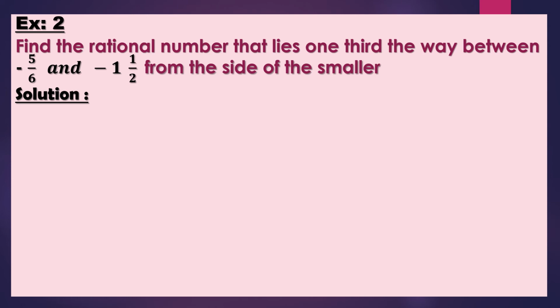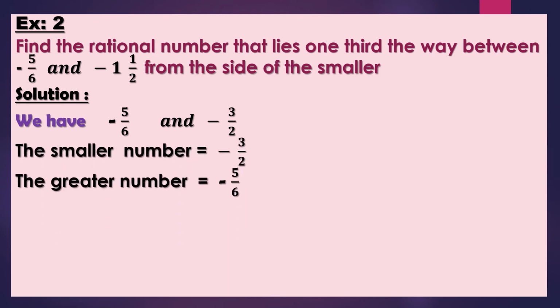We have negative 5 over 6 and negative 1 and a half, which in improper form is negative 3 over 2. Which is greater of them? The smaller number is negative 3 over 2 because of the negative sign, and the greater number is negative 5 over 6.